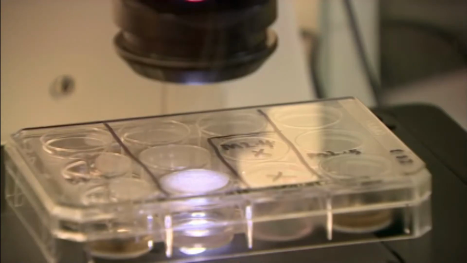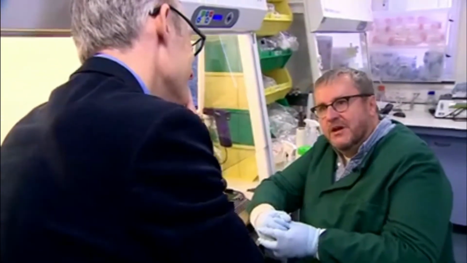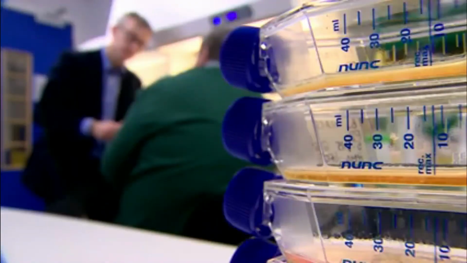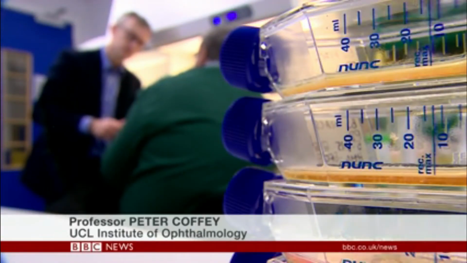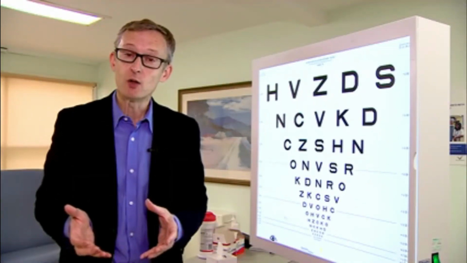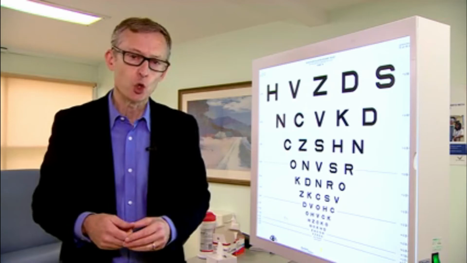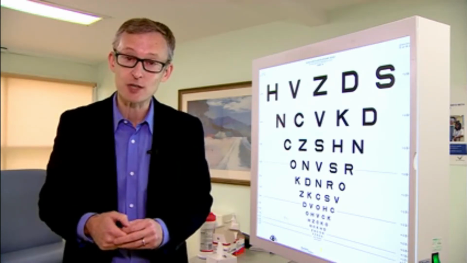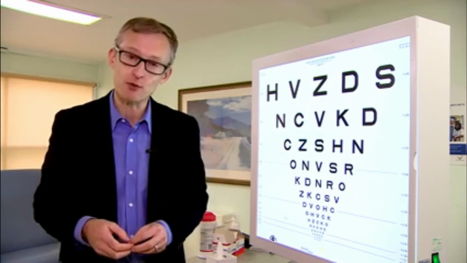We won't know until at least Christmas how well her vision is and how long that may be maintained. We can see that they're actually under the retina where they should be and that they appear at present to be healthy. This trial will involve 10 patients who will be monitored for a year to assess the safety of the stem cell treatment and whether their vision improves.